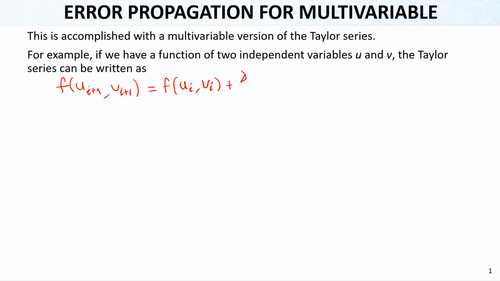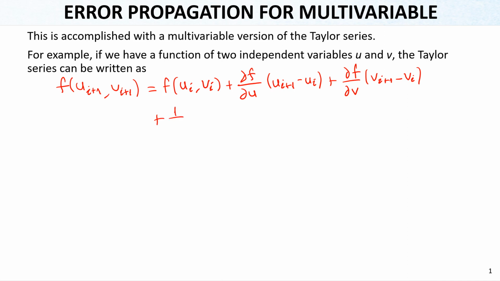For example, ∂f/∂u, which is the derivative in terms of u, and u_{i+1} minus u_i is the step size, and also the same thing for the derivative in terms of v, and this time v_{i+1} minus v_i, like this. So this is the first order.